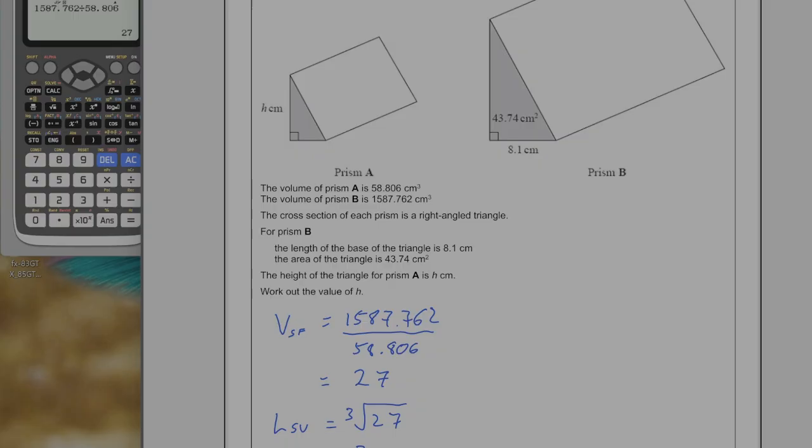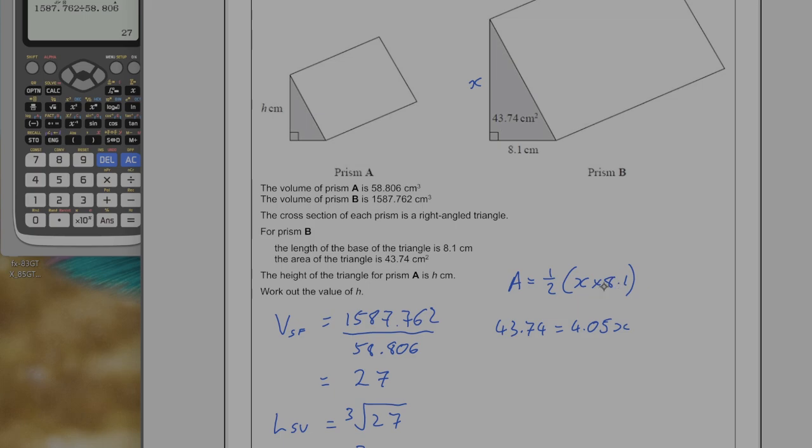Right, so the next thing I'm going to do is, if this is h, I'll take this length next. I'll call it x for now. So the area of the triangle is equal to a half of x times 8.1. So we know that the area is 43.74. So that's going to be a half of 8.1, which would be 4.05x.